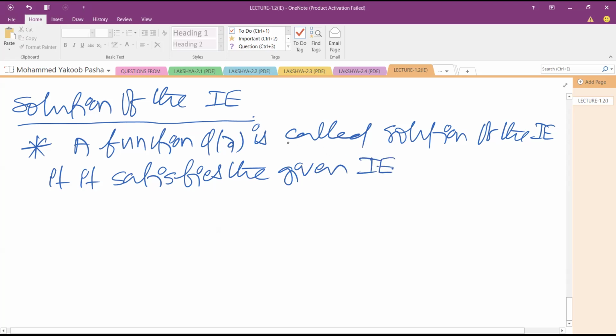Whenever a function satisfies the given integral equation, that function is called a solution of the integral equation.